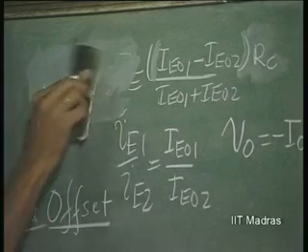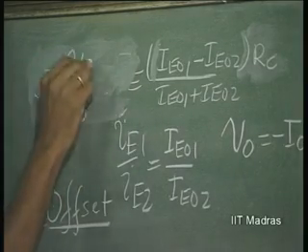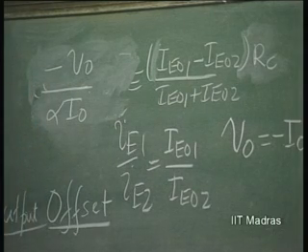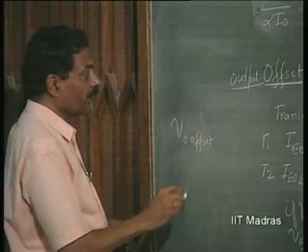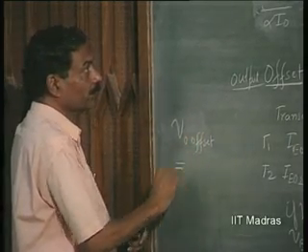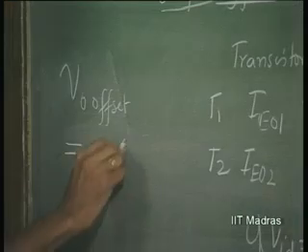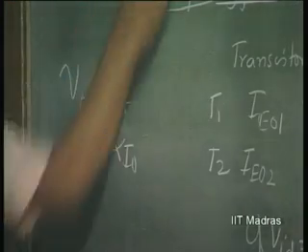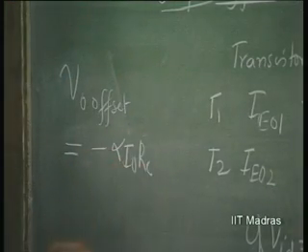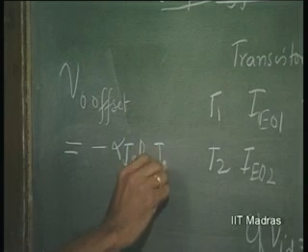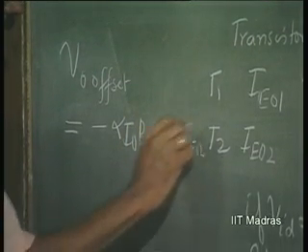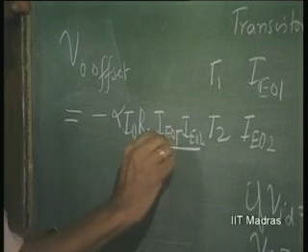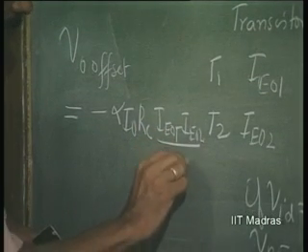And therefore, V naught, now this offset, this is what is called the offset voltage, output offset voltage, equals minus alpha I naught RC into (IE naught 1 minus IE naught 2) by (IE naught 1 plus IE naught 2).